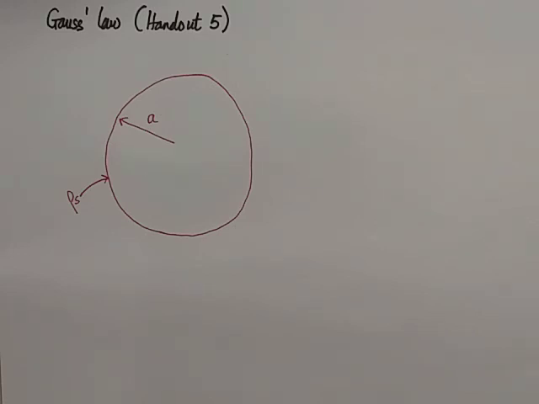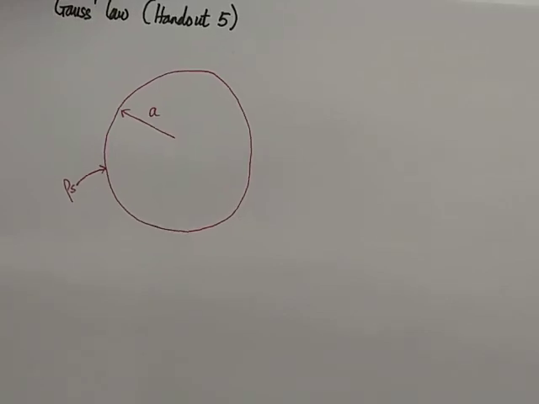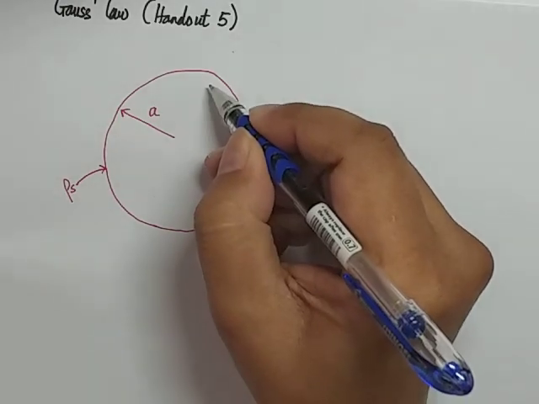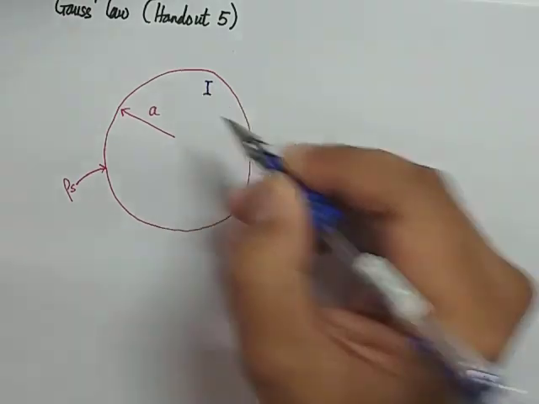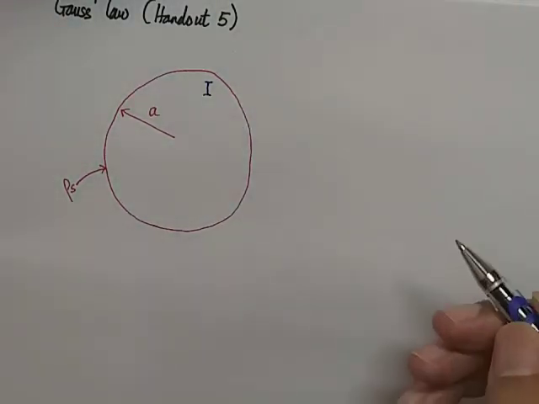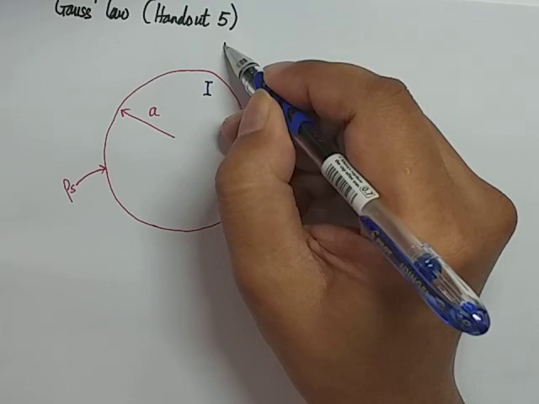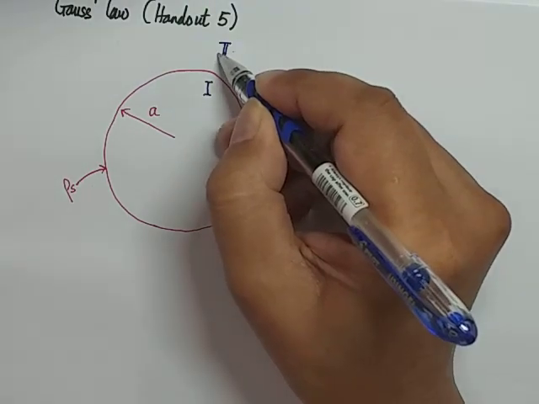From this structure, I can see clearly there's going to be two distinct regions. One region is inside the shell. I'm going to denote as region number 1. Another region is outside the shell. I'm going to denote as region number 2. Okay?